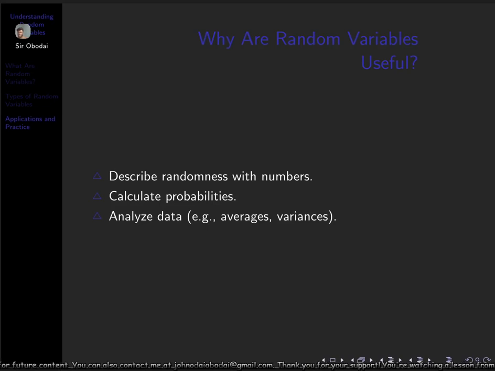So if you take a number and you're able to work with the random variables, you can tell how closely packed they are or how wide they are. You see, these same random variables also help us to calculate the probabilities of events. You see, and they also help us to analyze data. For example, you can use random variables to calculate the average, the variance, and then what have you within a data.